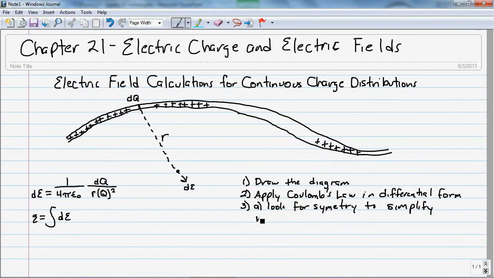If that doesn't work, then you need to identify the vector formulas, component formulas, I should say, and integrate separately.